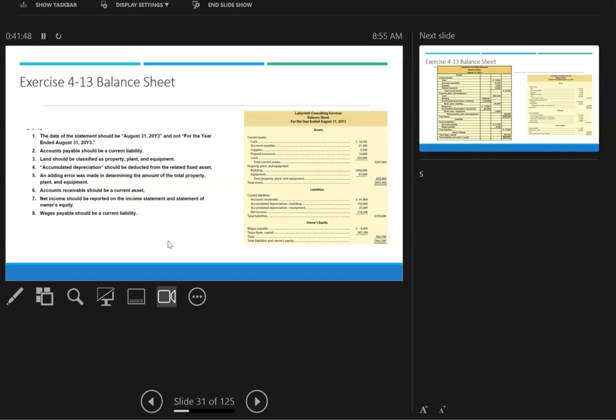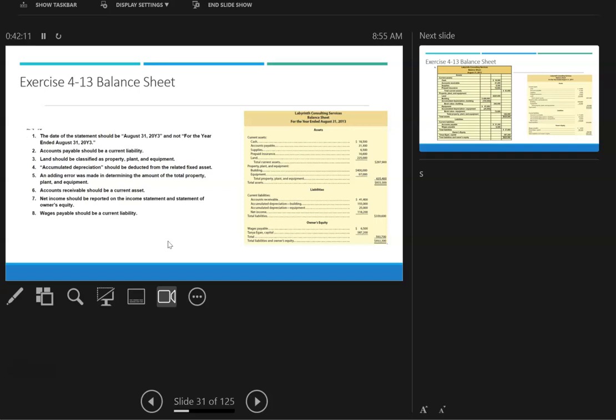Accumulated depreciation should be deducted from the related fixed asset. Accumulated depreciation, do you see how they're sitting down there in current liabilities? But they really should be, accumulated depreciation of building should be attached to the building.